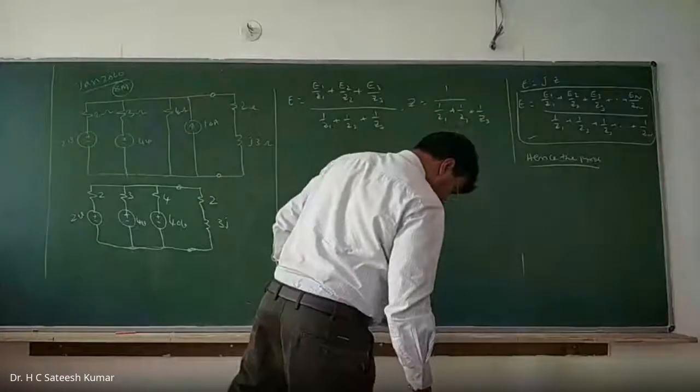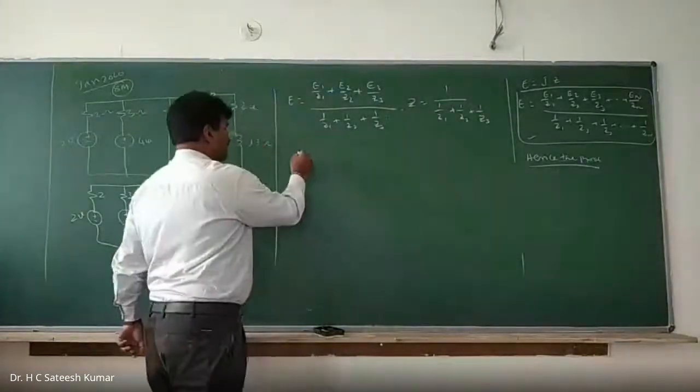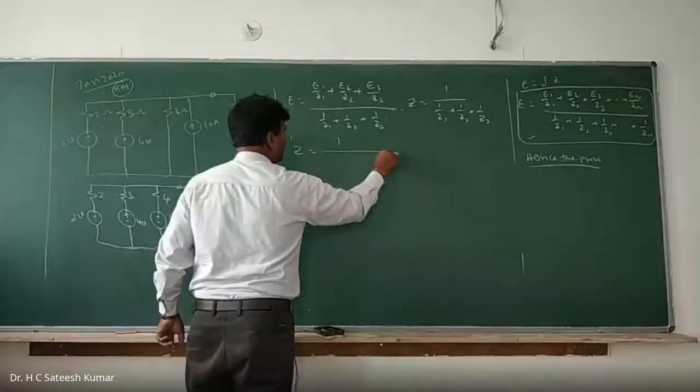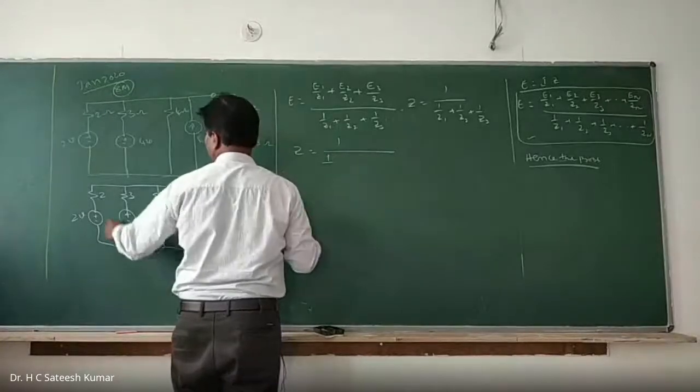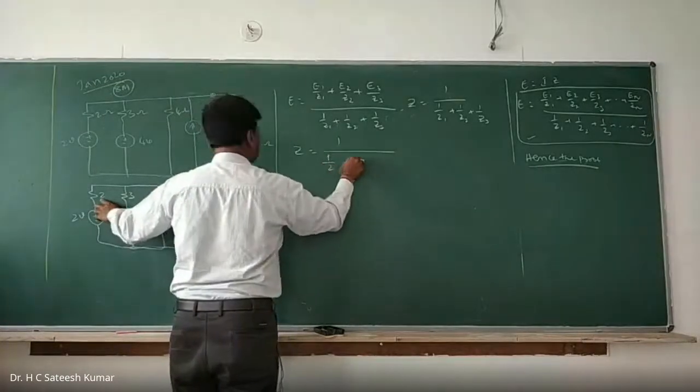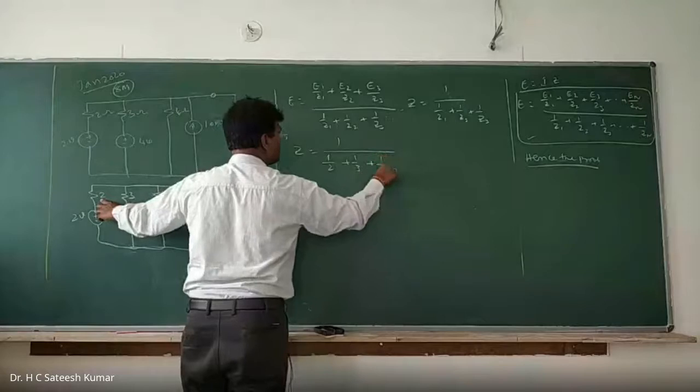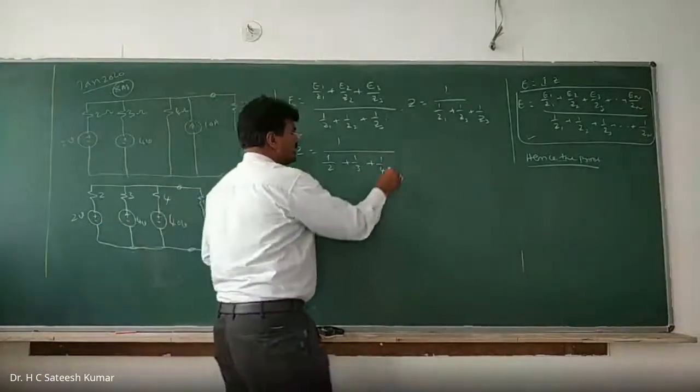So how will you do that? Z is equal to 1 divided by 1 by Z1. 1 by Z1 is what? 1 by 2 plus 1 by 3 plus 1 by 4, which is equal to how much?